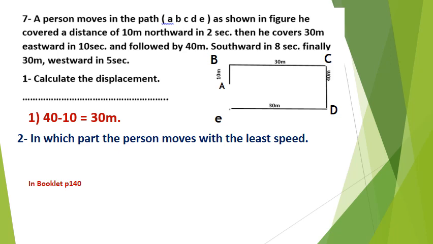From B to C, if you calculate the speed from B to C, I will divide it. Yes, 30 meter divided by 10 seconds. So the speed will be 3 meter per second, and this is the least speed here in BC.